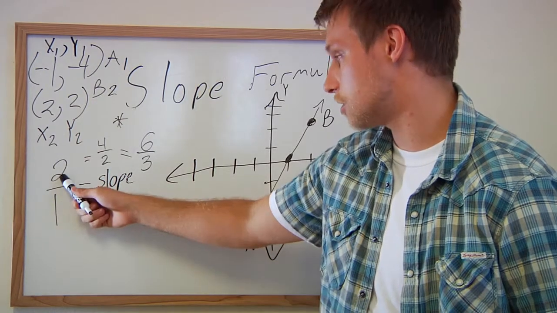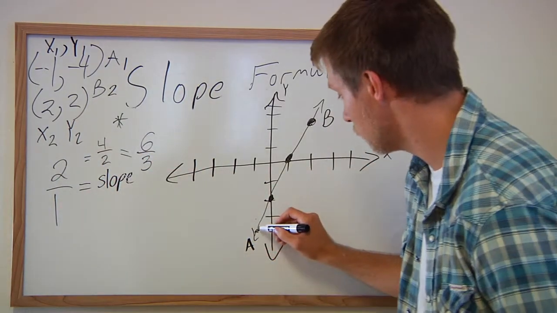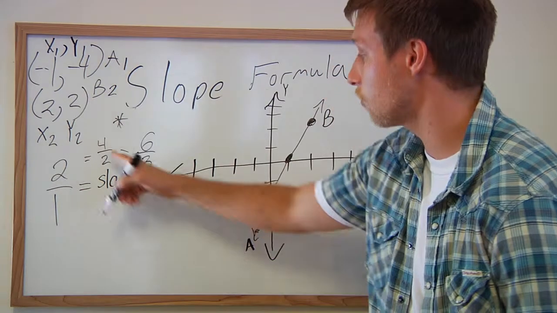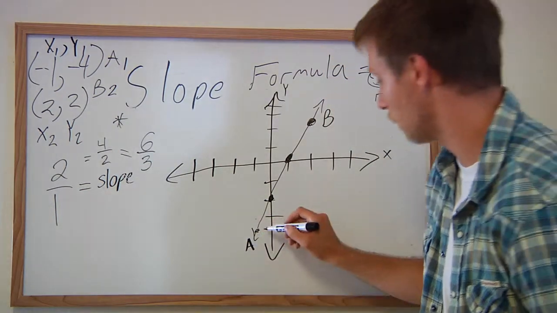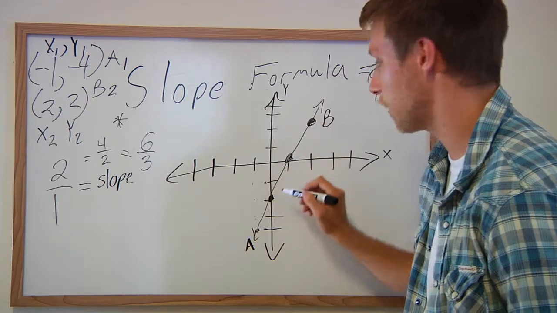Because 2 over 1 is 2, 4 over 2 is 2, and 6 over 3 is 2. So if I follow this up, and let's do 4 over 2, just to be sure. 1, 2, 3, 4, and 1, 2, I'm back at this point.